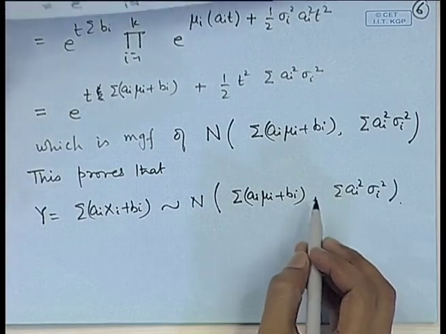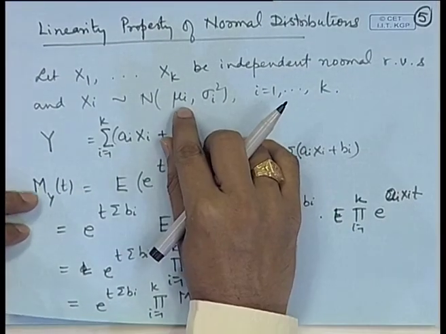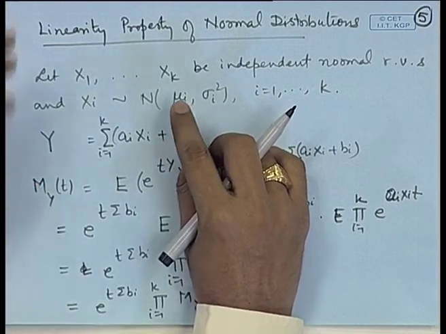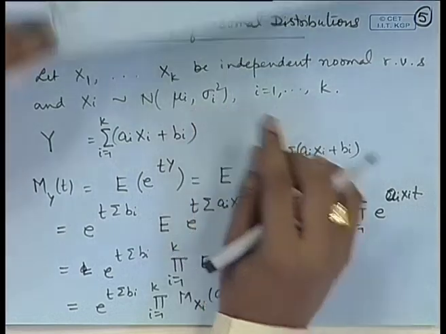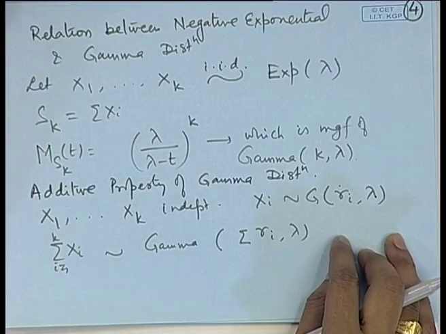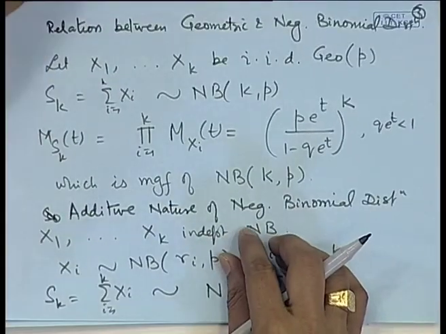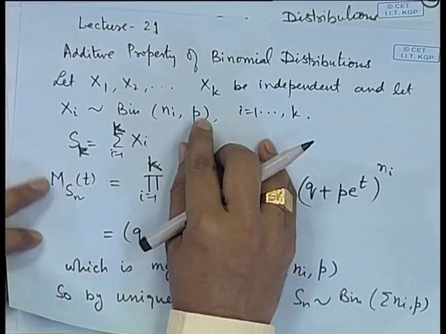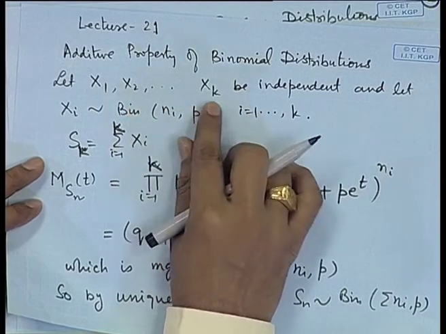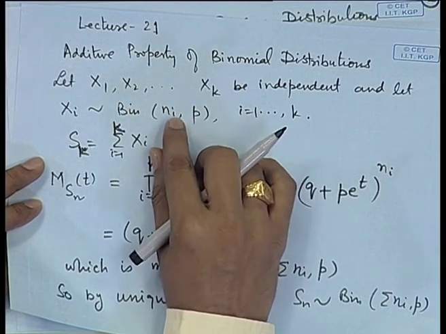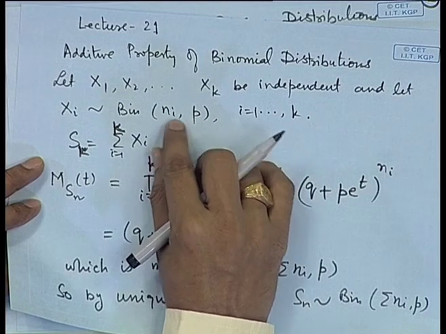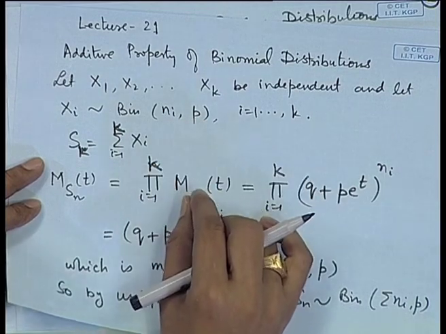Another important thing to notice here is that in the normal distribution's case, we can vary both the parameters. Earlier, in the additive property of say the gamma distribution, the negative binomial distribution, or the binomial distribution, where two parameters are there, when we were considering several independent random variables, we were varying only one of the parameters, and the other parameter was kept fixed in order to have the additive property.